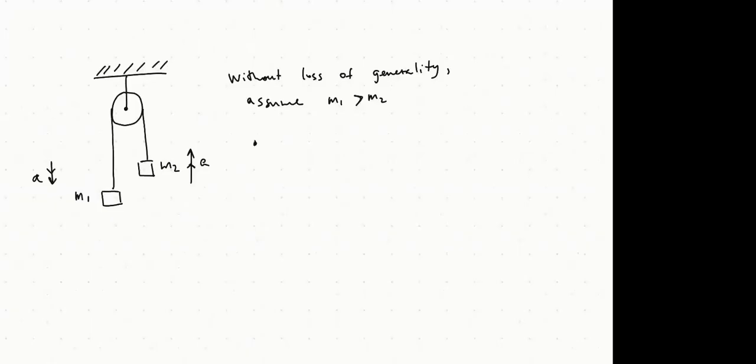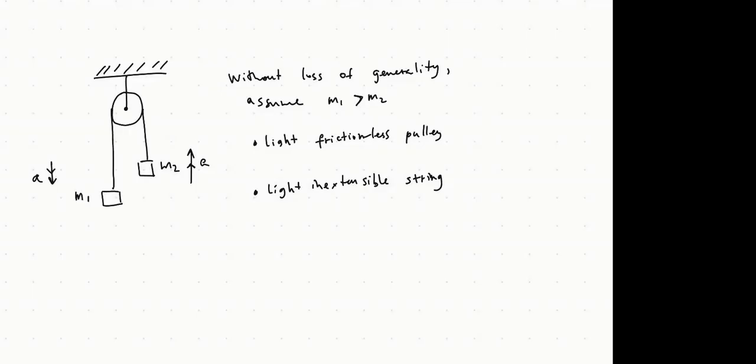Now here, you will always see these phrases: it is a light frictionless pulley, and it's a light inextensible string or rope. So why do we have to say this? Well, if the pulley was heavy, you would need a force to accelerate it, just like you need a force to accelerate anything.